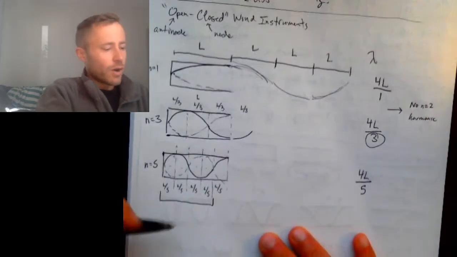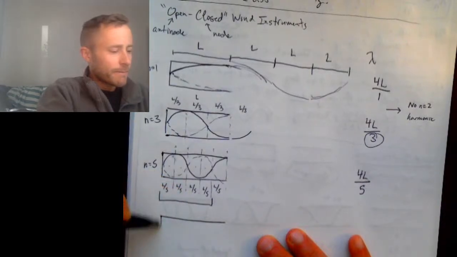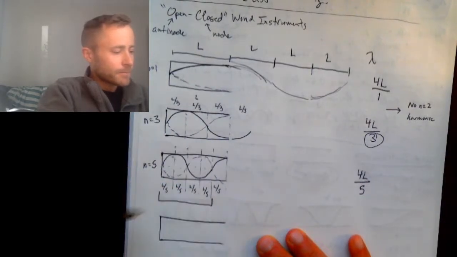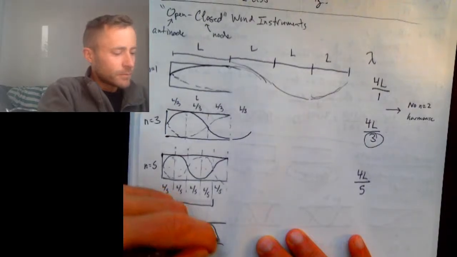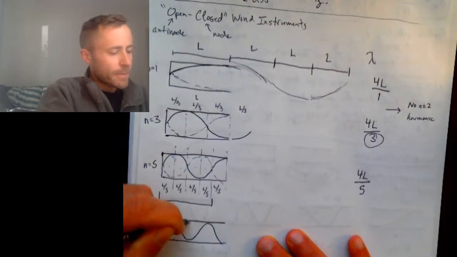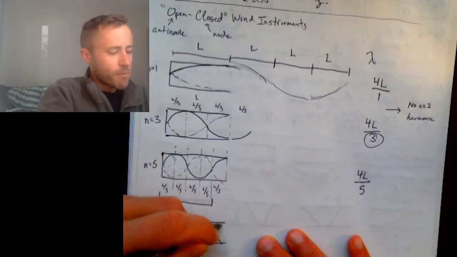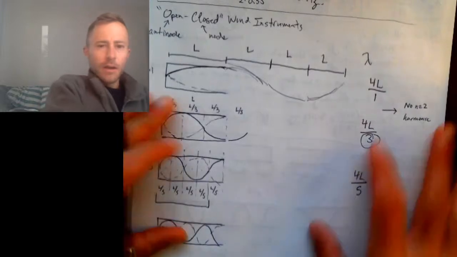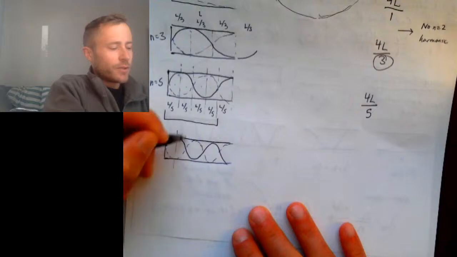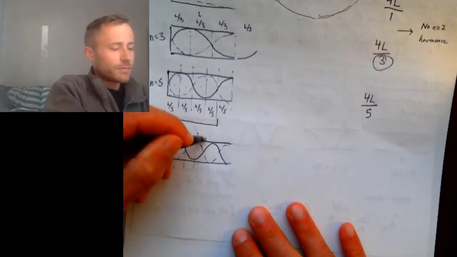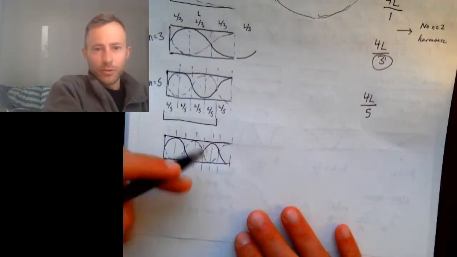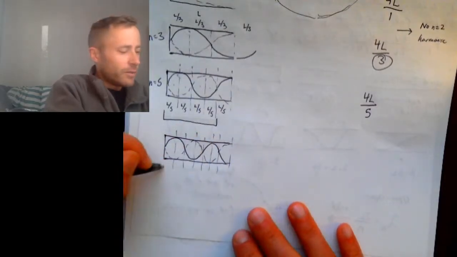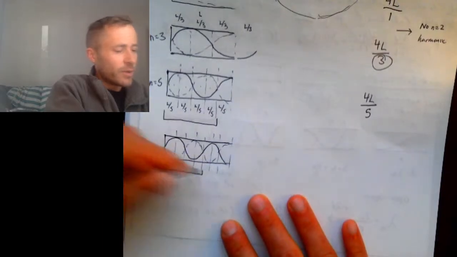Okay, and I'll draw one more. Just like that. This would divide it up into 7 parts that are supposed to all have the same size, and we need 4 of those parts to get a complete wave.